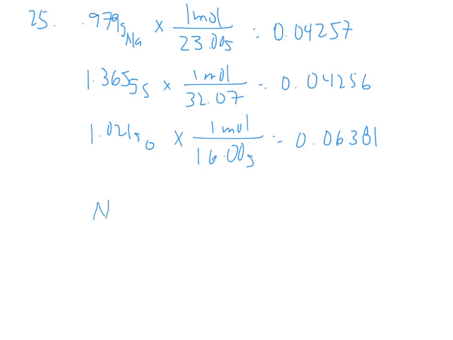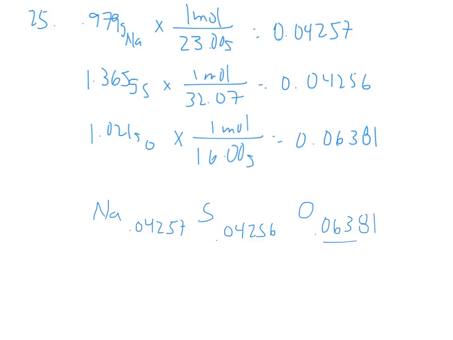And what I like to do is go ahead and write the formula with these ratios so I remind myself that's really what my subscripts are. It's just these ratios. And I see pretty quickly that Na and S have the same molar ratio, and it's smaller than the molar ratio for oxygen.